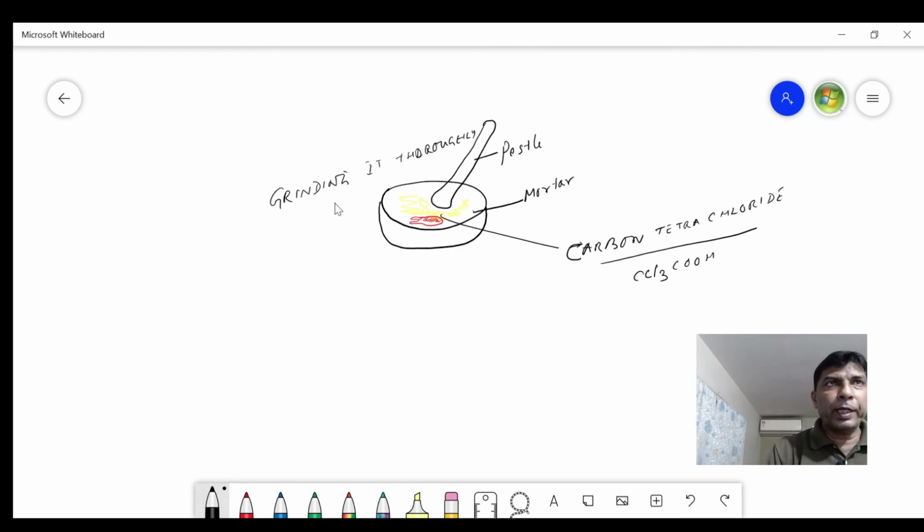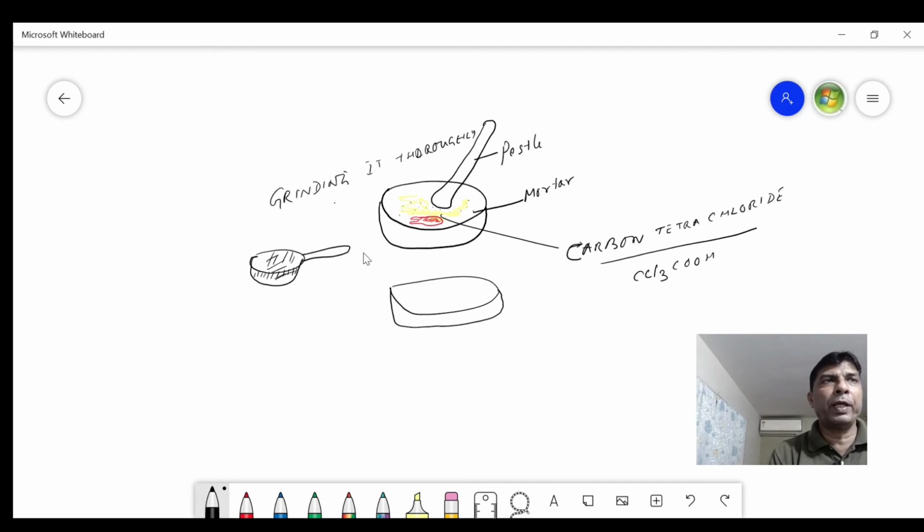Now if you grind it thoroughly, what will happen? This will be crushed into small substances, and then keep a container here and filter this solution. Now what will happen? The substances which got dissolved in carbon tetrachloride will be deposited here.